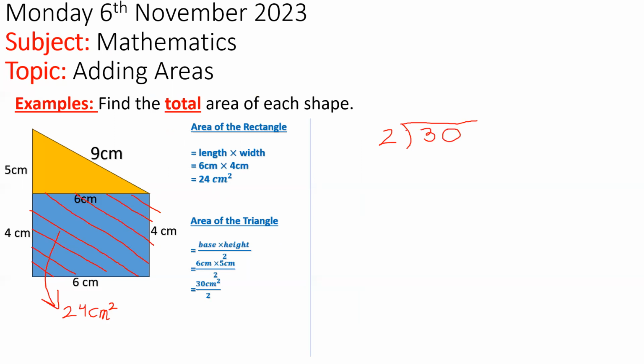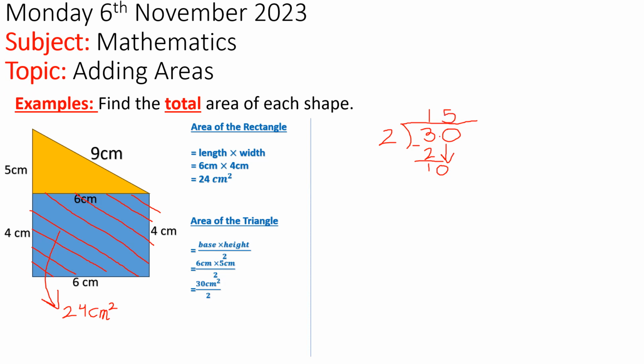All right, how many times 2 goes into 3? 1 time. Fine. 2 times 1 is 2. And 3 minus 2 is what? 1. We bring down the 0. 2 times what number gives you 10? 5.